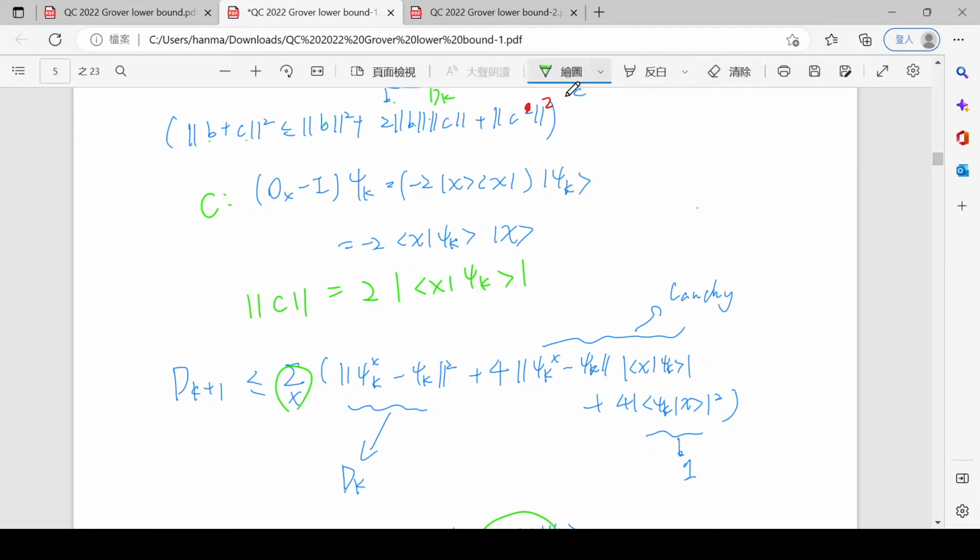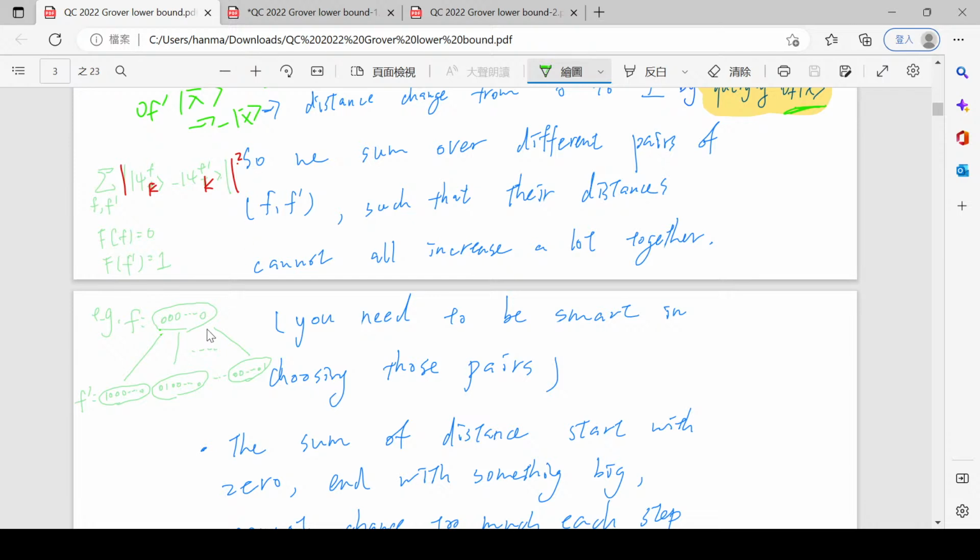Okay. So if your psi k equals, say, 0, then that corresponds to you querying the 0's location, and you will be able to distinguish between the all-zeros string and the 1000 string.